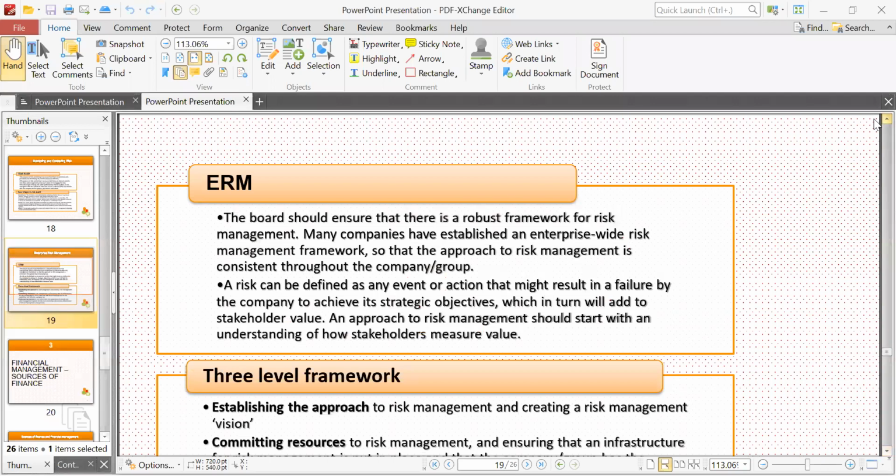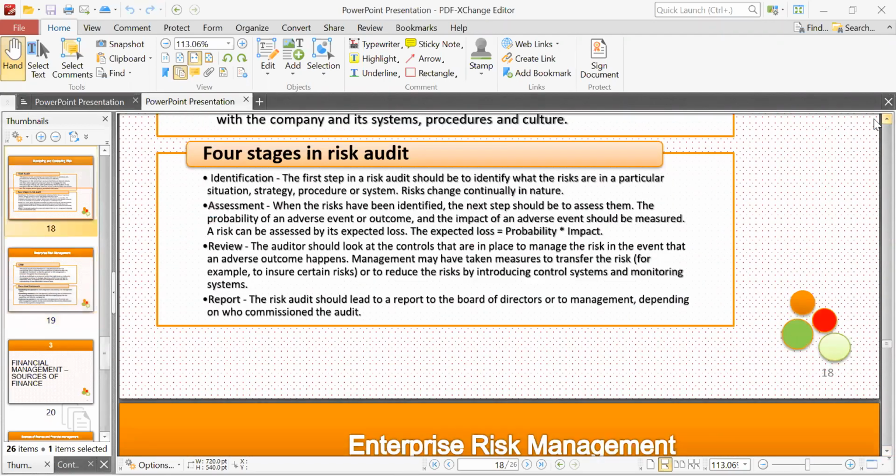Now let's look at enterprise risk management. What is enterprise risk management? Any ideas?